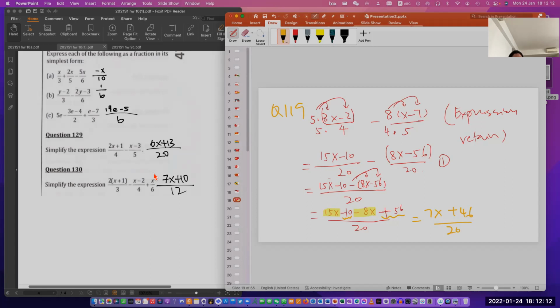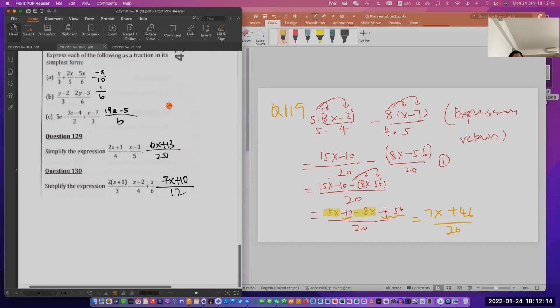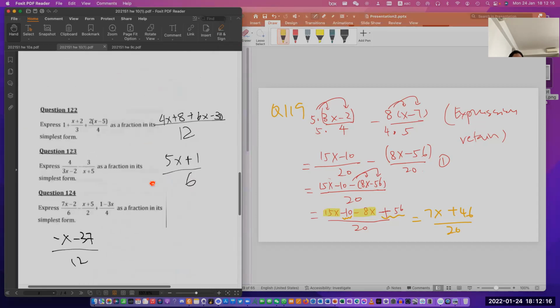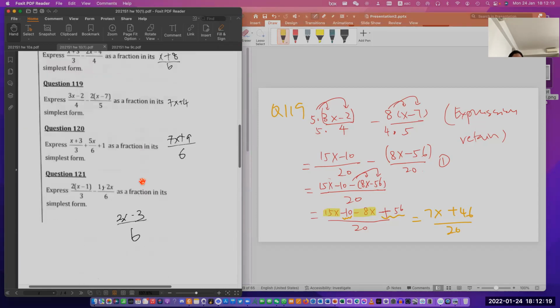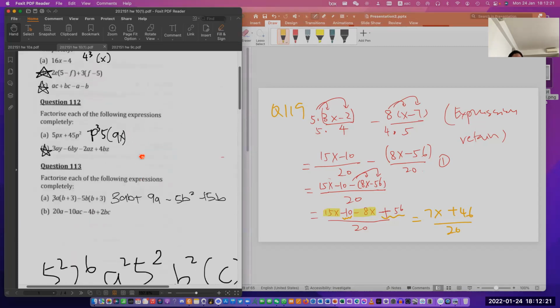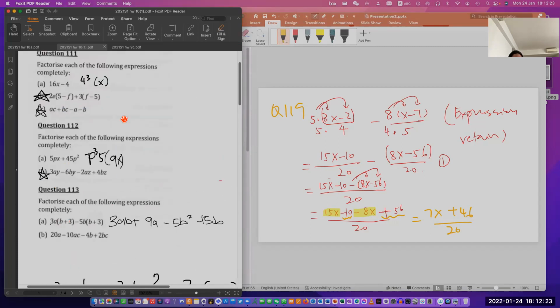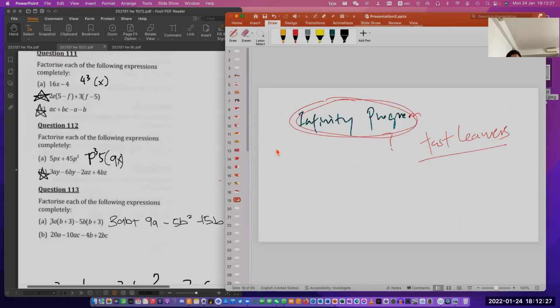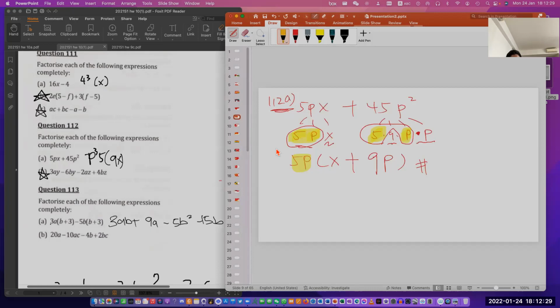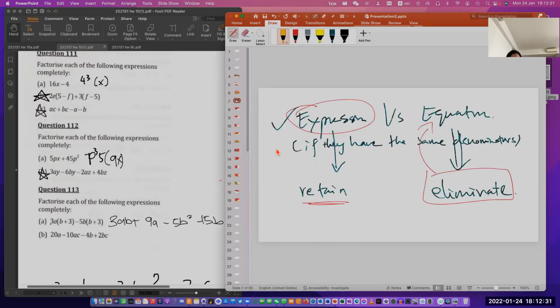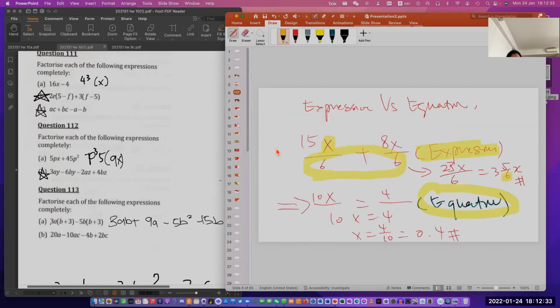All right. So I'm not going to go through the rest of the questions. I find that they are similar, but I'm going to talk about the factorization part. So we have talked about factorization of 2 terms mainly. Let me show you what I mean by that.